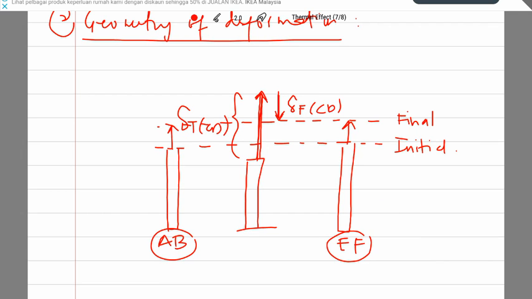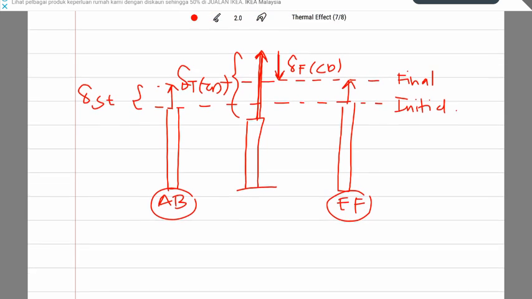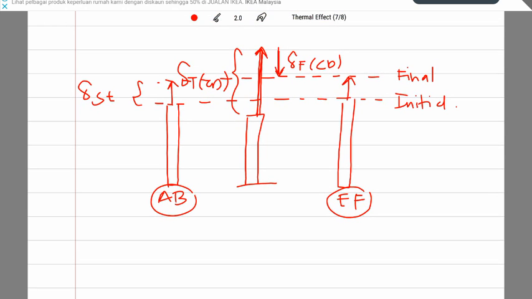Okay, and this is the elongation of the rod. And also don't forget you have the gap here, which is 0.7 mm.